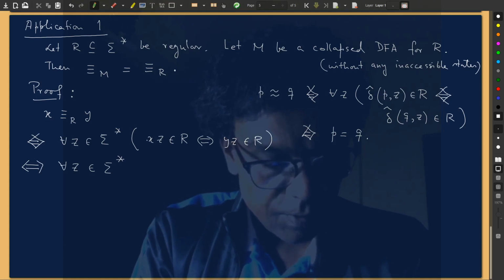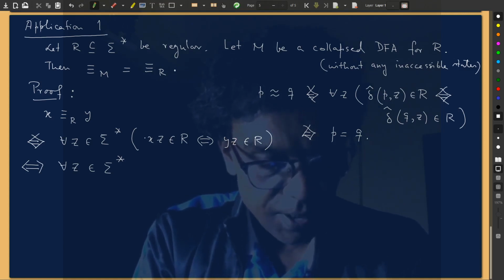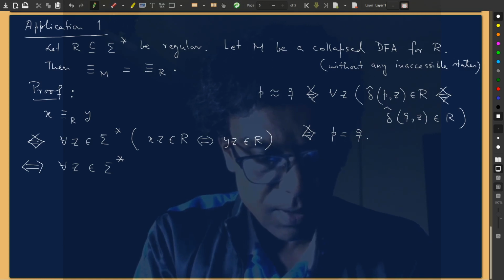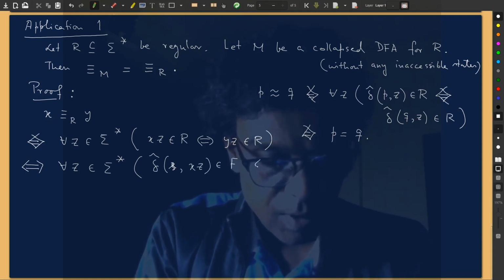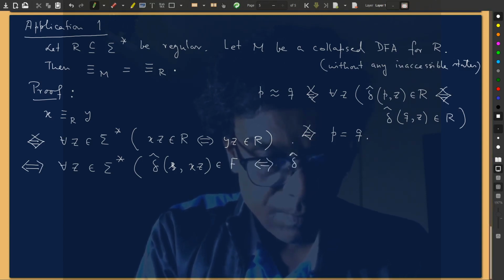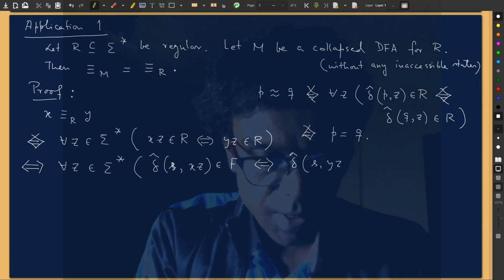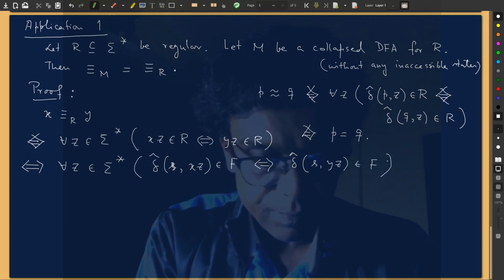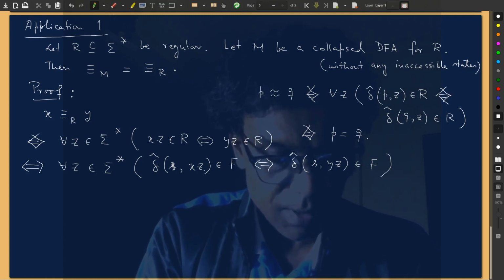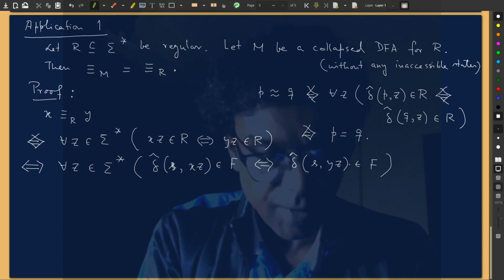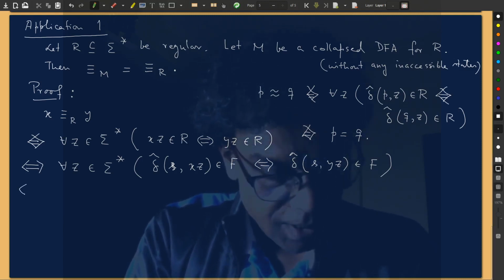Now this is equivalent to saying that delta hat of s, xz is in F if and only if delta hat of s, yz is in F. This is by the definition of DFA, because this accepts R. So therefore this must be a final state if and only if this is a final state. Then I use this.